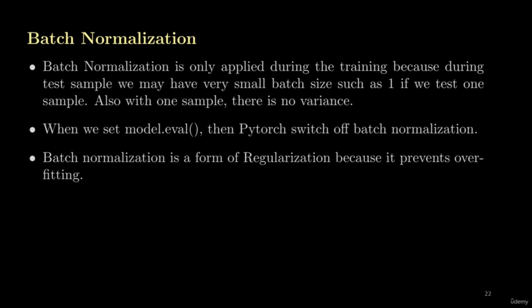So in order to normalize the data for each of the hidden layers, we apply batch normalization. For batch normalization, we should select a large batch size, such as 32, 64, or 128. But if our batch size is 1, 2, 4, or 8, these are small batch sizes, and we will not see the effect of batch normalization.